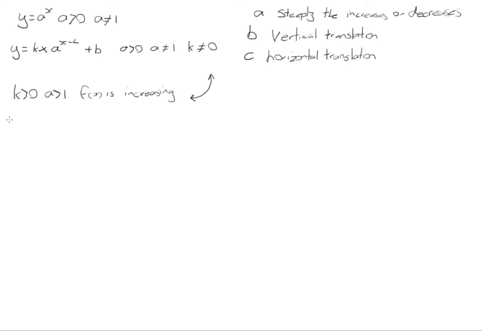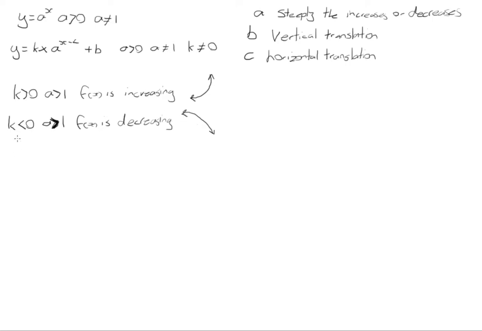If k is less than 0 and a is greater than 1, then f of x is going to be decreasing, in which case the graph is going to look something a little bit like that. It's going to hit the ground.